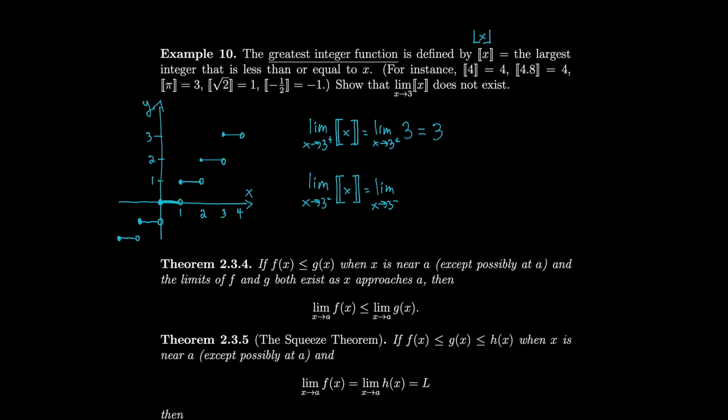Well, again, the greatest integer function drops it down to the floor, it cuts off all those decimals. We just end up with 2. So this limit is 2. So the left and right-handed limits do not match, so that implies that the limit does not exist.